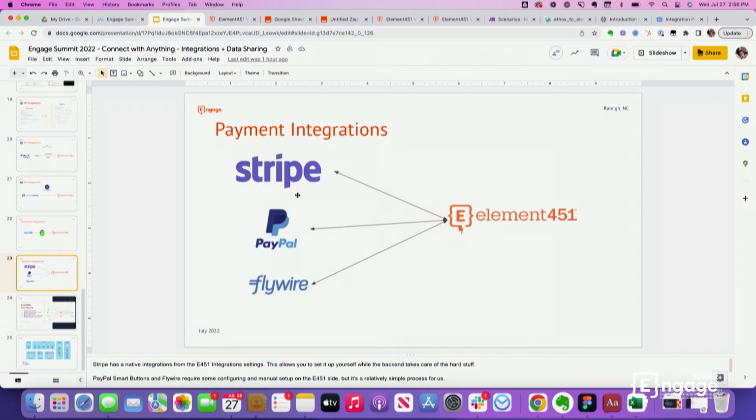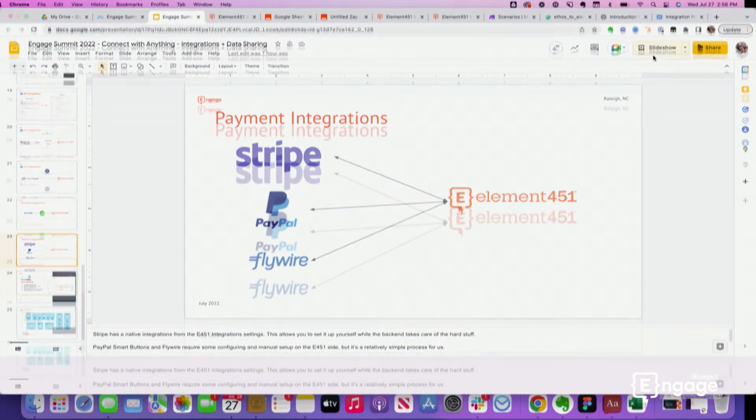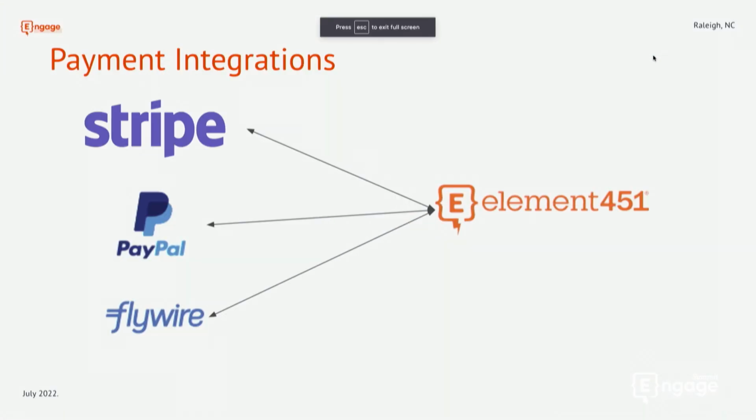We have done some really interesting integrations around financial information, and we have added Stripe. If you don't have your own payment processor in Element, now we have Stripe as a processor. It's essentially going through our account. You just go in and connect Stripe. You don't have to have a Stripe account.